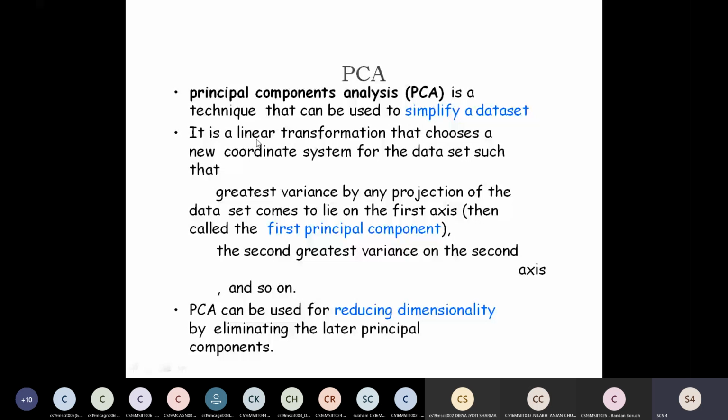So this is a linear transformation that chooses a new coordinate system for the dataset, where the greatest variance by any projection of the dataset comes to lie on the first axis, known as the first principal component, then the second greatest variance, the second principal component, like that. So thereby we try to reduce the dimensions. I hope this definition is clear to you.